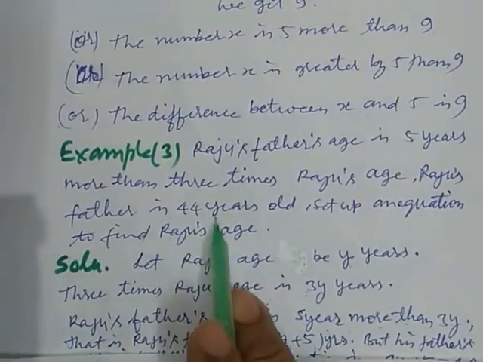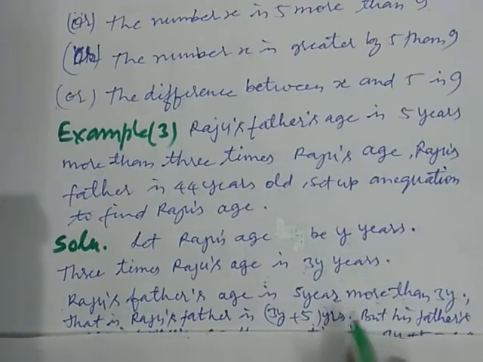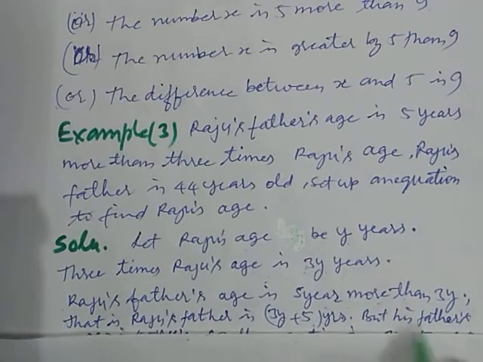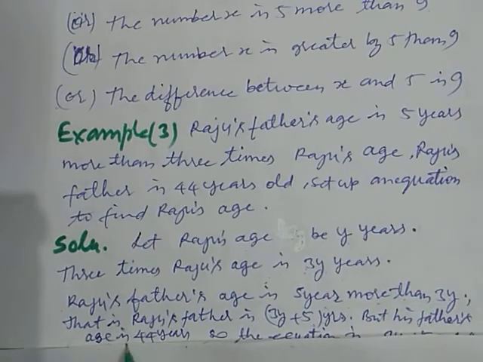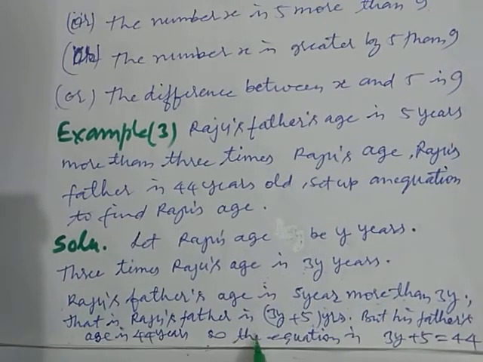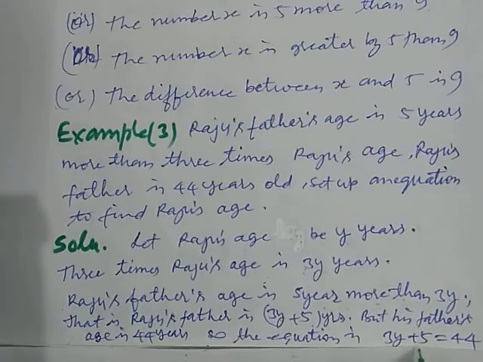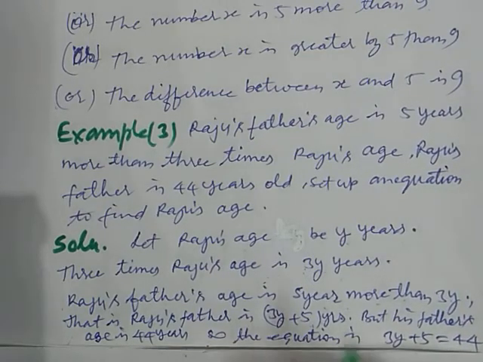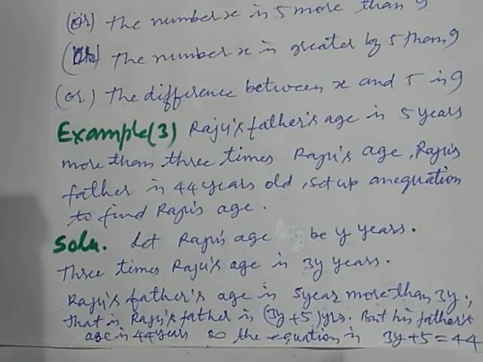Raju's father's age is 44 years. So whatever we make, just equate it to 44 years, because we have provided the age 44 years. So the equation is 3y plus 5 equals 44. This way we make the equations.